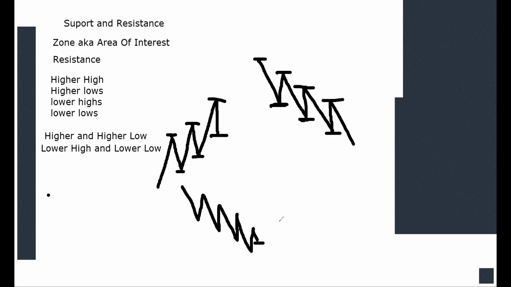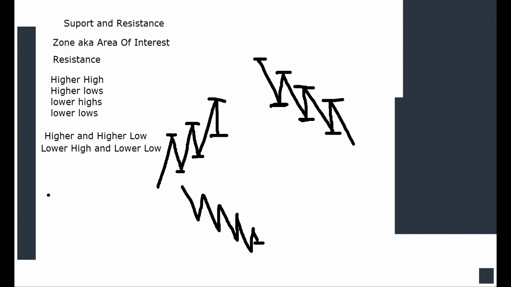Would you take the sell? I would take the sell. Why would you take the sell? Because it looks like it keeps breaking the area of resistance and dropping more and more.